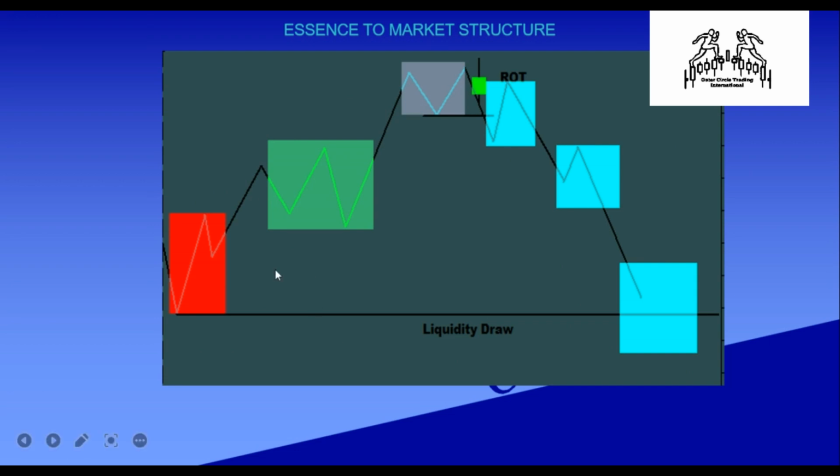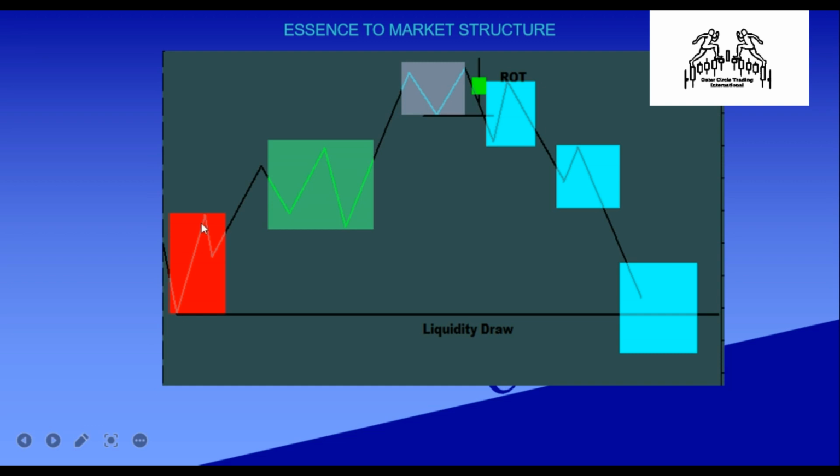So on what we just analyzed, we have to now identify a sell model within that plan. Is there a valid sell model that we can use to reaffirm our bias to the downside?